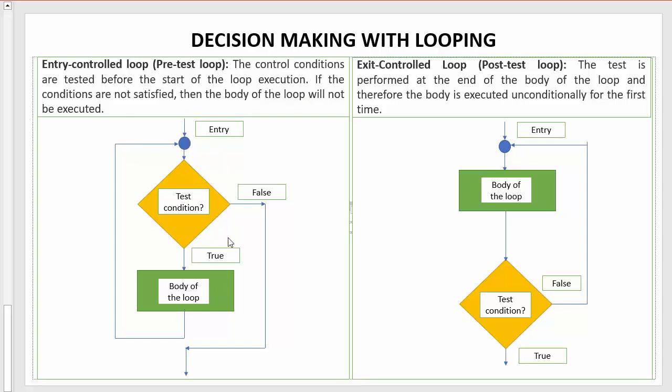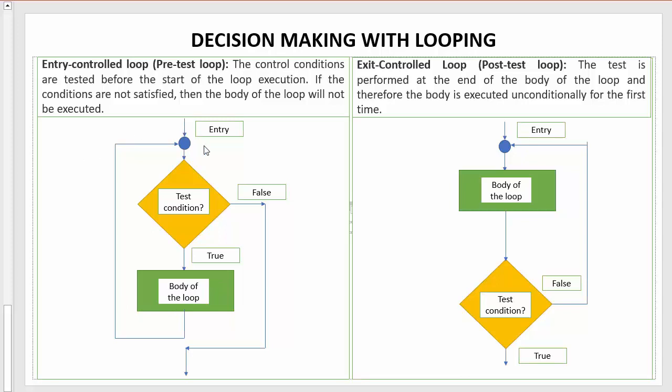Here I have drawn the flow diagram of an entry controlled loop. This is the entry, and from the entry the control comes to the condition to check it. If this condition is satisfied, control comes inside the body of the loop and the statements present in the body get executed.